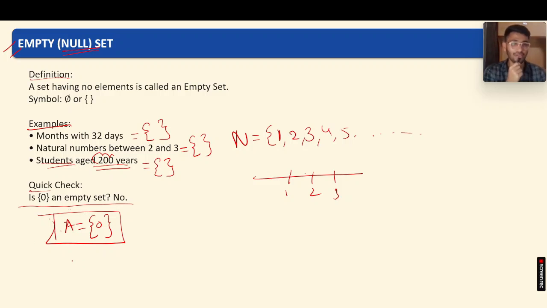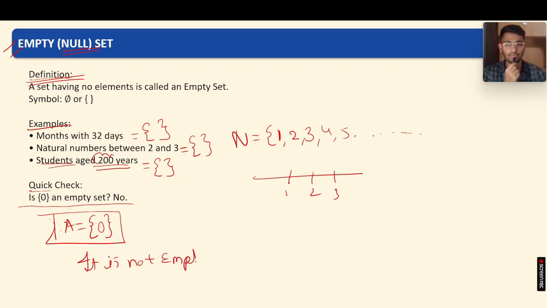No, it is not an empty set, because there is something inside it, that is zero, and it is a real number, a whole number. And what is the definition of an empty set? There is no element inside the braces. So it is not an empty set.